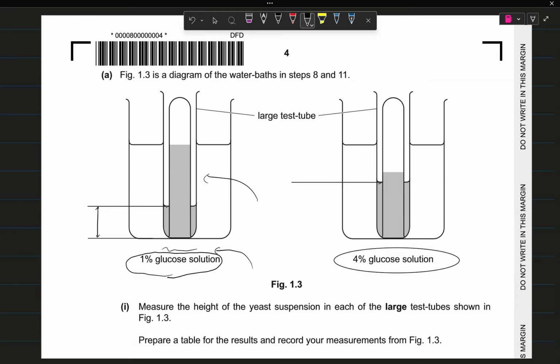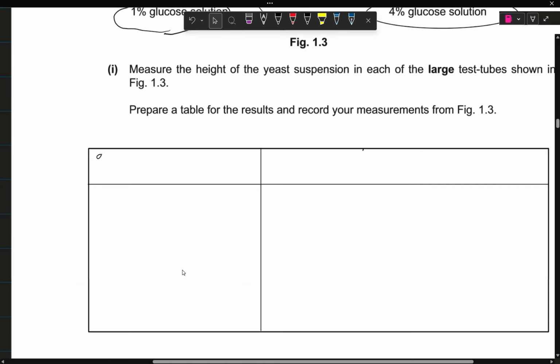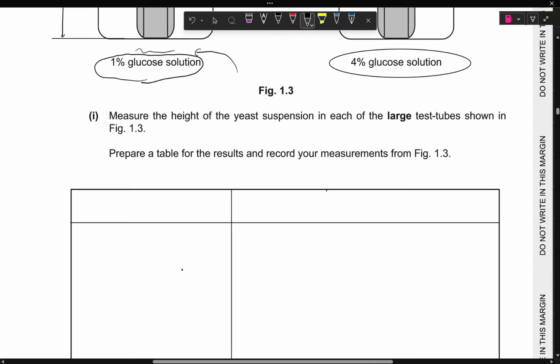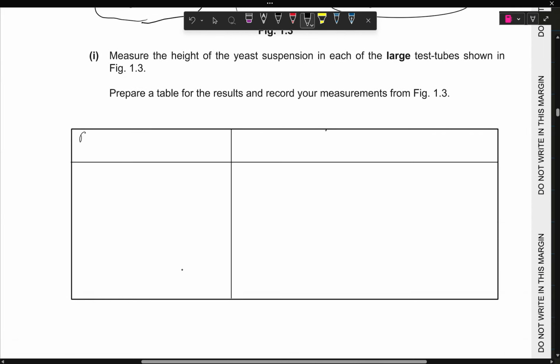We didn't label that A, and didn't label that B. We just identified them as 1% and 4%. So that is exactly what we'll be doing here. We will write here percentage concentration of glucose solution in test tube.